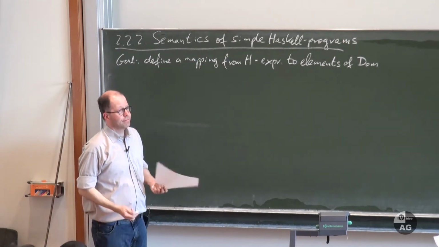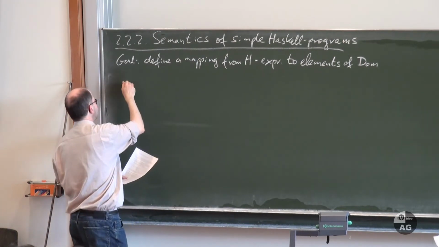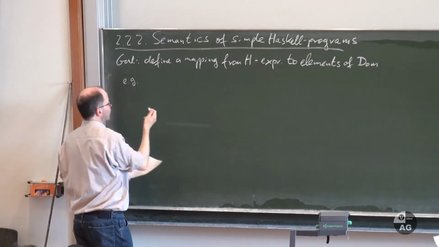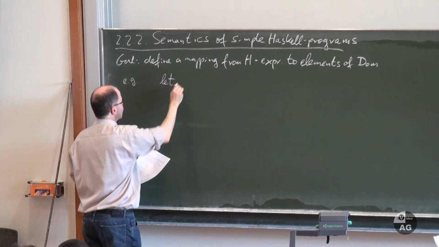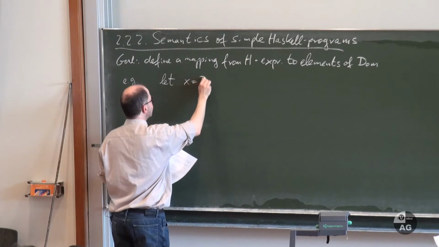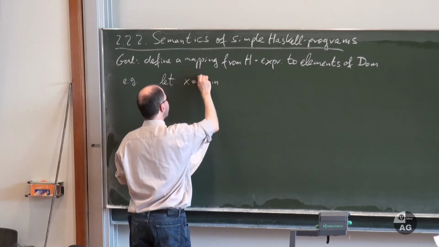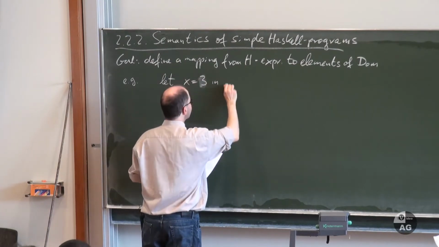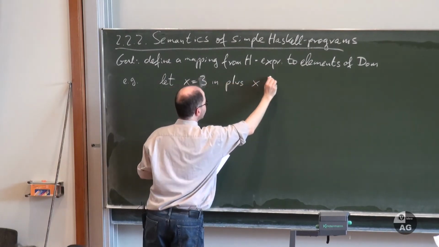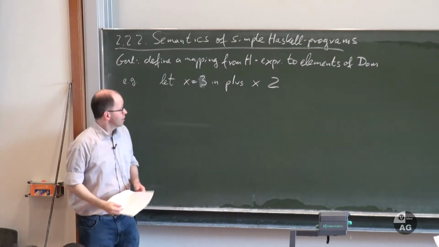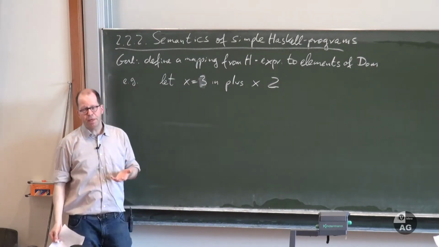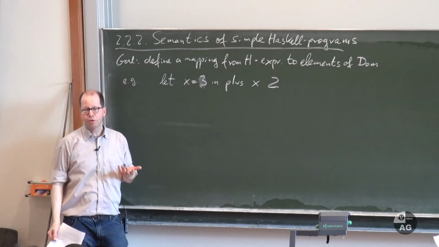But if we look at an example, well, for example, a Haskell expression could look like this. Let x be 2 in, let x be 3 in the following expression: plus x 2. Now, of course, to define this mapping, we will do this in a recursive way.